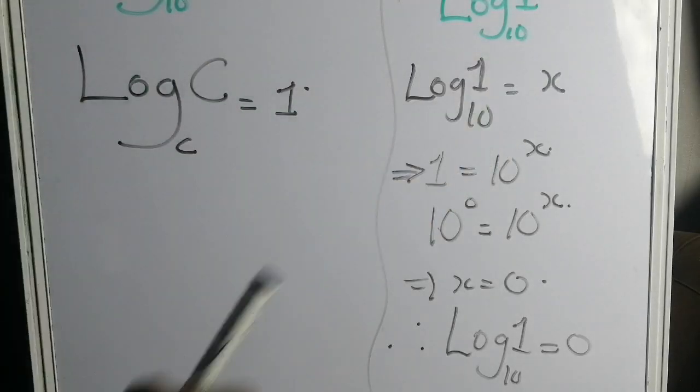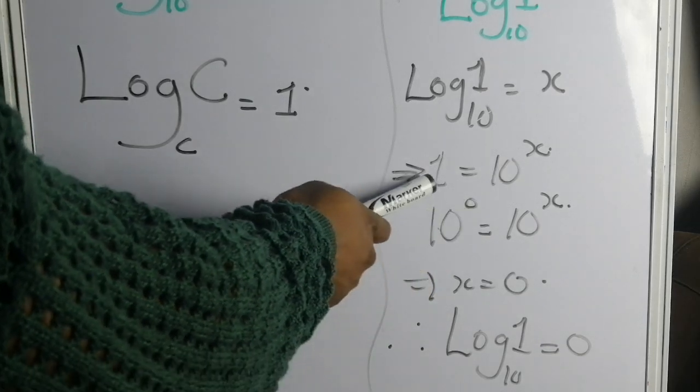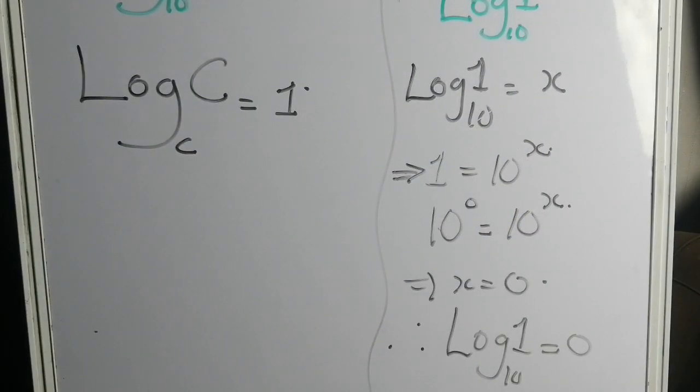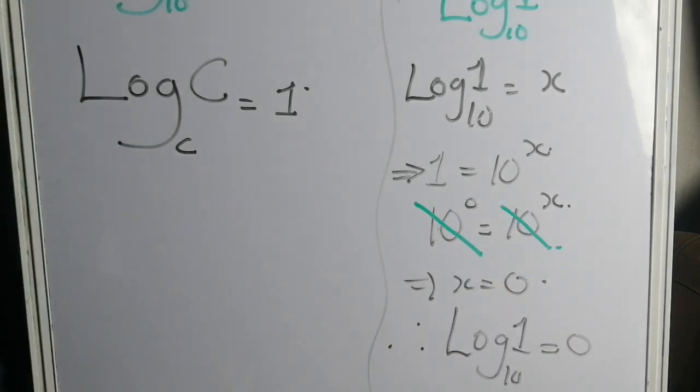Logarithm of 1 is equal to X. It can be any alphabet, A, B, C, D. By the time you raise it, 1 equals 10 raised to power X. And I said anything raised to power 0 is equal to 1. I've mentioned in logarithm part 1, part 2, part 3 that since they have the same base, you can cancel and bring down the power. At the end of the day, you will get your answer to be 0.